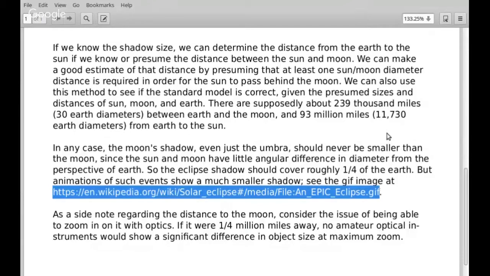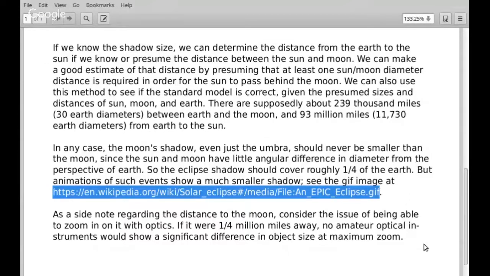And the only other thing I really had to say about the whole eclipse thing is, as a side note regarding the distance to the moon, consider the issue of being able to zoom in on it with optics, cameras, telescopes, whatever. If it were 250,000 miles away, no amateur optical instruments would show a significant difference in object size at maximum zoom.